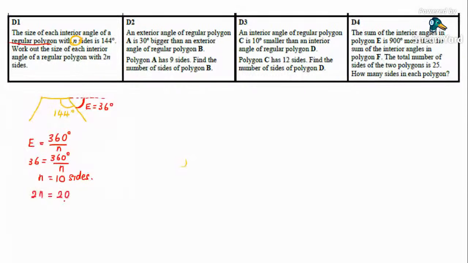So how do I find the size of each interior angle for 20 sides? Before I find each interior angle, I find the sum of interior angles first, which is 20 minus 2 times 180 degrees. That gives me 3240 degrees.